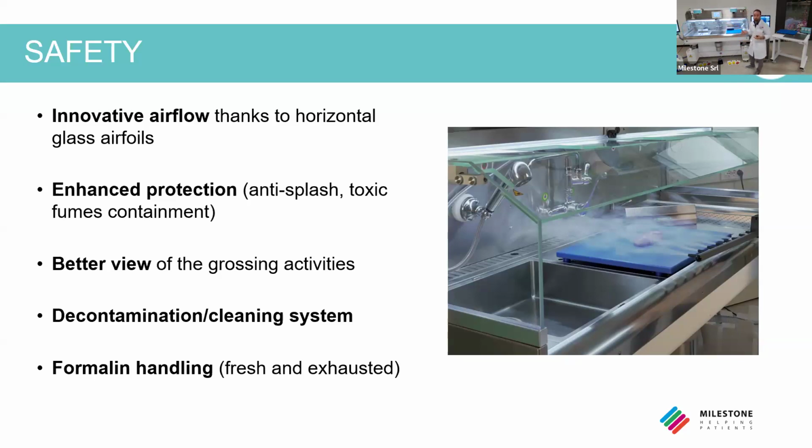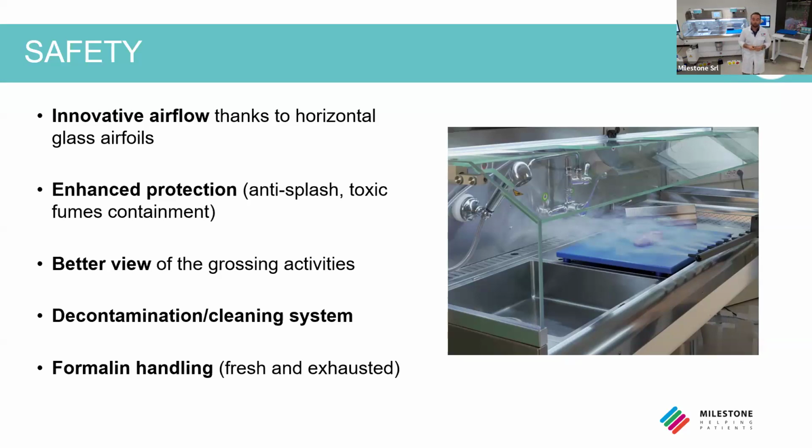And this allows the operator to be closer to the specimen. They can see what they do in a correct way. And also, they can be really, really near the specimen in total safety because of the aspiration and because of the physical barrier between the operator and the specimen.